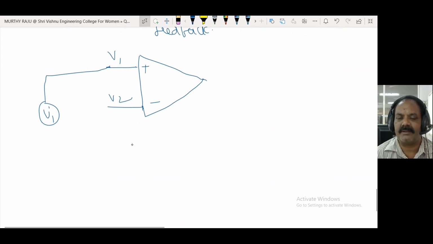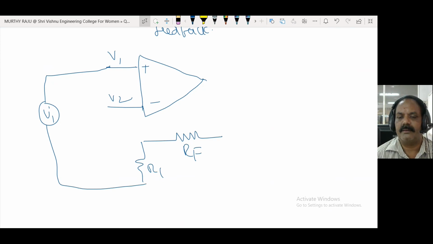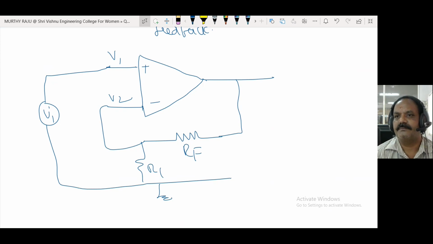This one is the feedback network, consisting of RF and R1. This is the ground. This is the load resistance RL connected here.